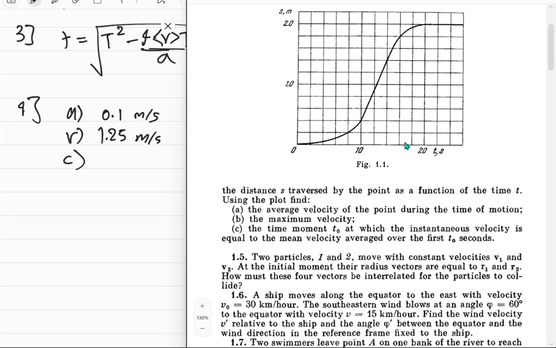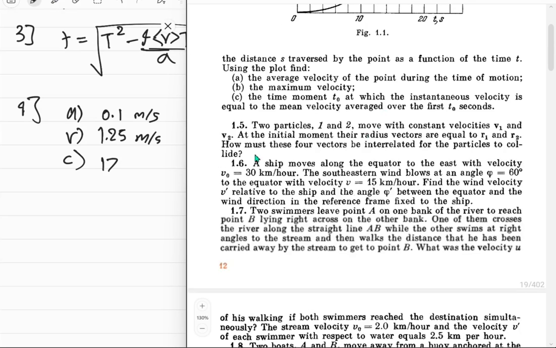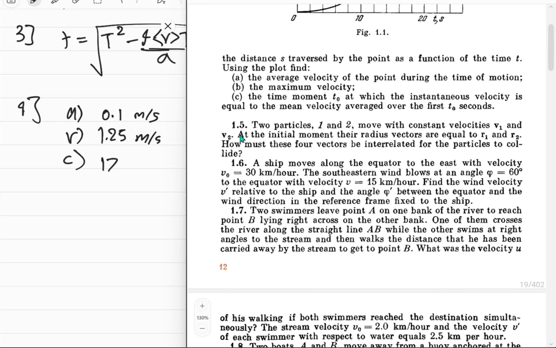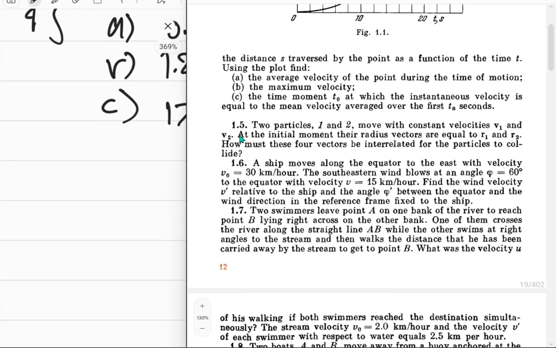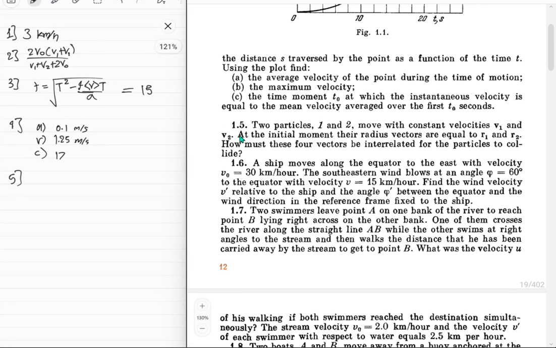So 17, I think at 17 seconds. Okay, 17. I don't know, I'm just judging by the looks of this graph. So yeah, next. Fifth question.